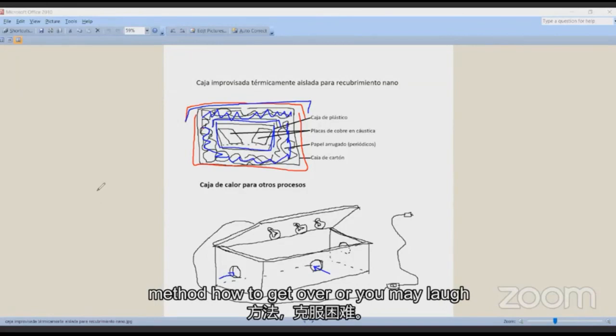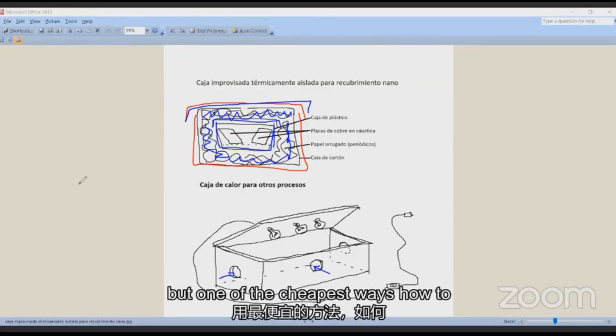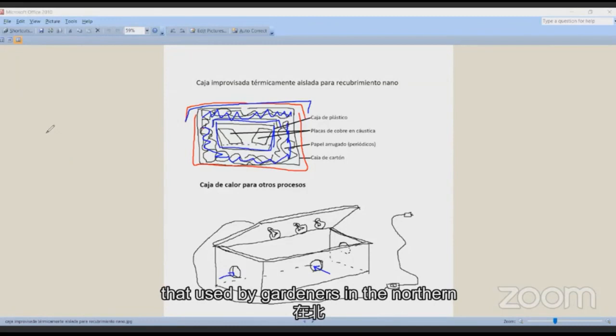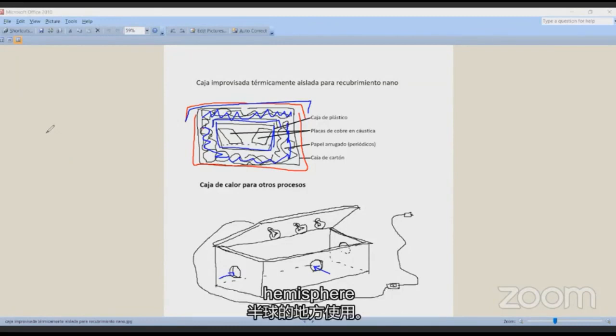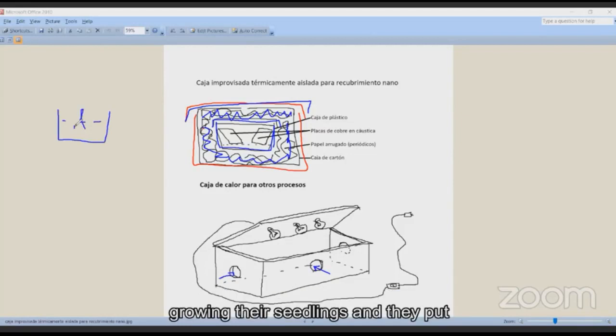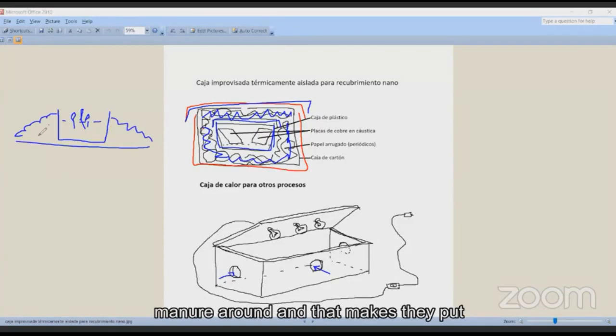Or you may laugh, but one of the cheapest ways how to create a constant higher temperature is that used by gardeners in the northern hemisphere when there are autumns, winters, and cold springs. They use manure. So they have boxes where they put earth and they are growing their seedlings, and they put around a lot of cow manure or horse manure, and they put some straw.